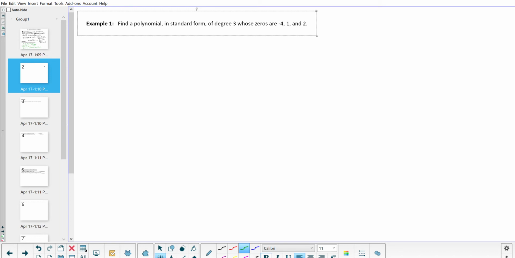Next slide. Find a polynomial in standard form of degree 3, which means it's going to be a cubic, whose zeros are -4, 1, and 2. Okay, so its x-intercepts are -4, 1, and 2.